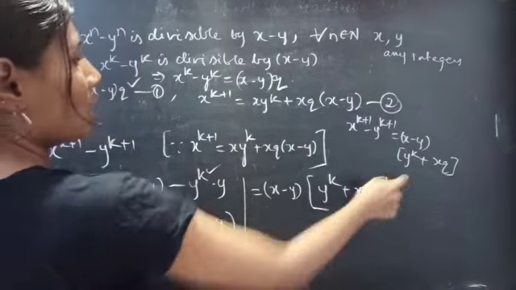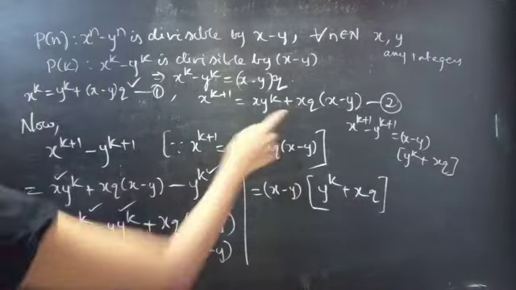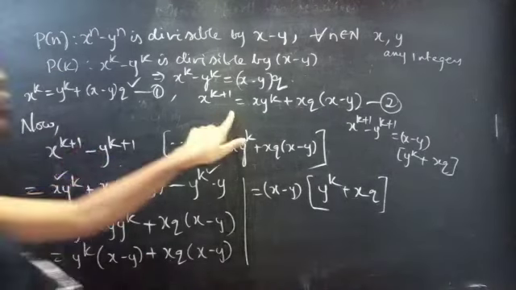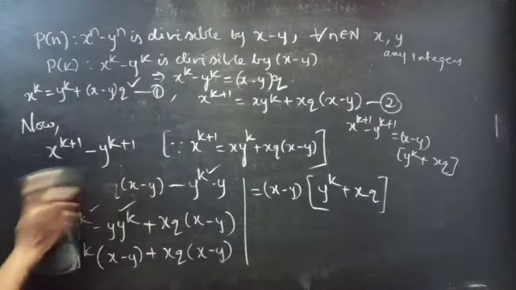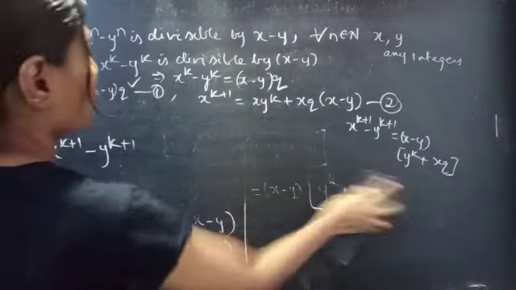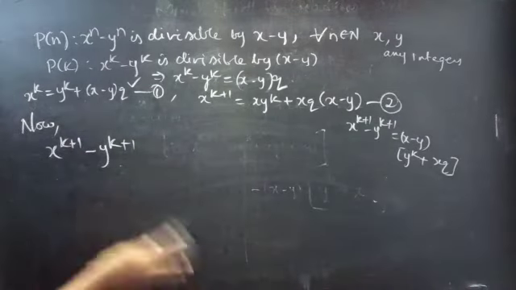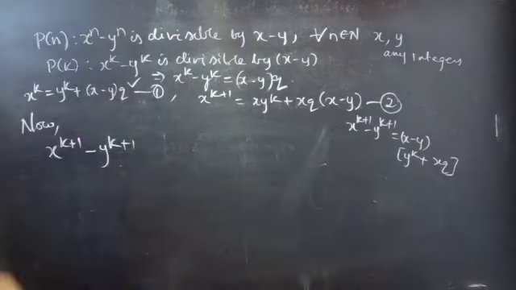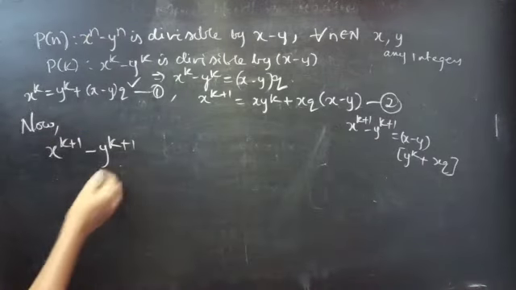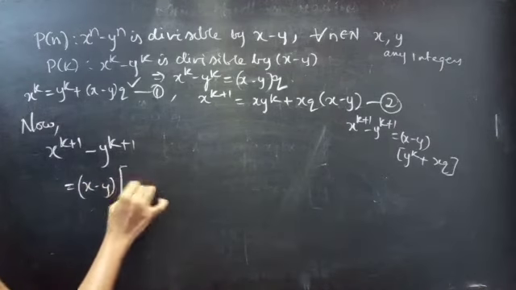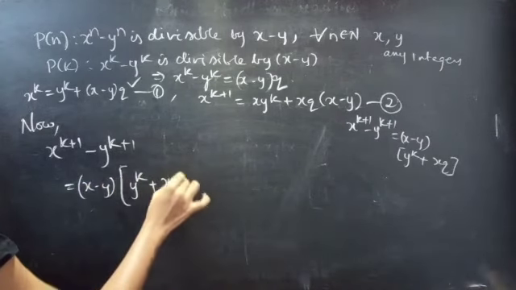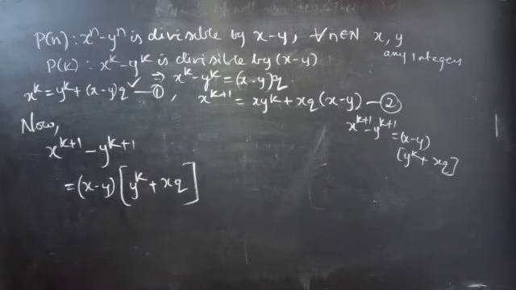So we got the same thing by using equation 2. So you can use either of these two equations to find x power k plus 1 minus y power k plus 1. So now we got x power k plus 1 minus y power k plus 1 equals x minus y into y power k plus x cube, right?